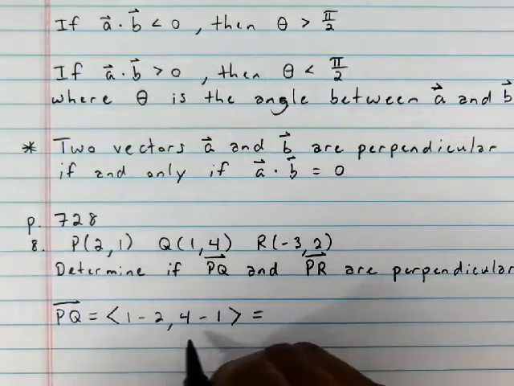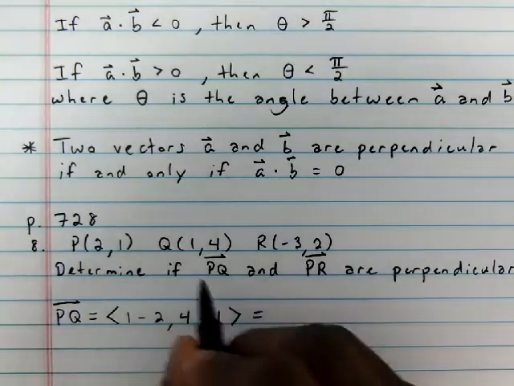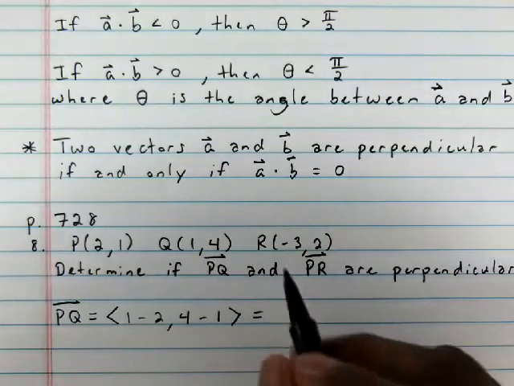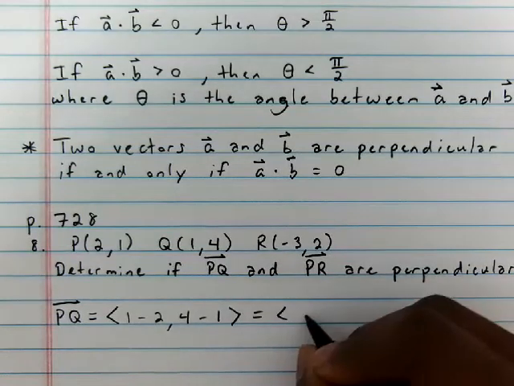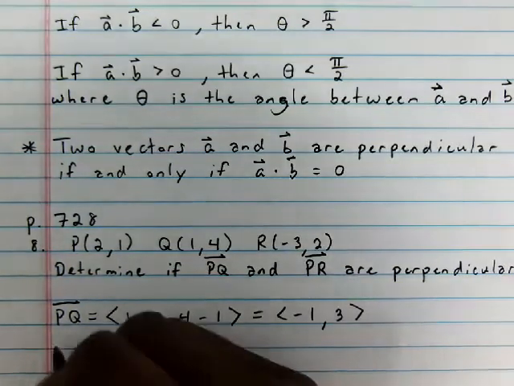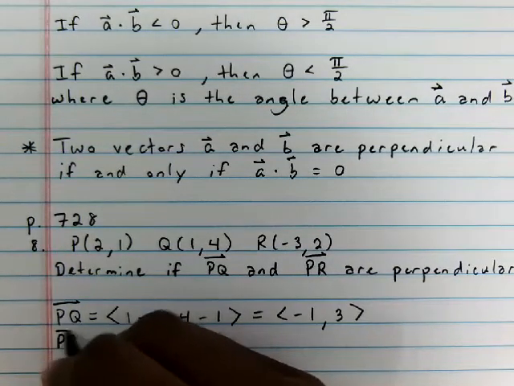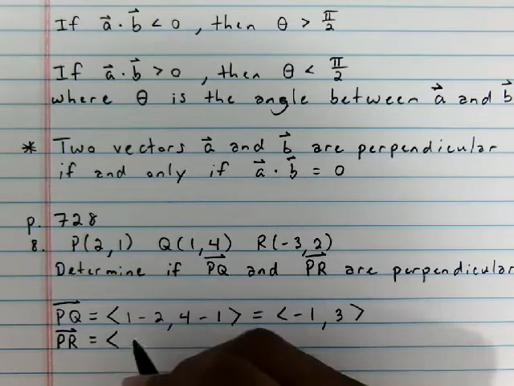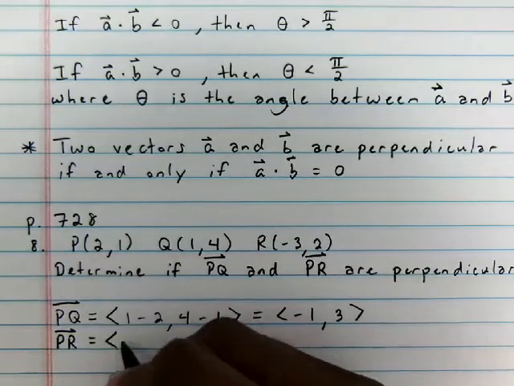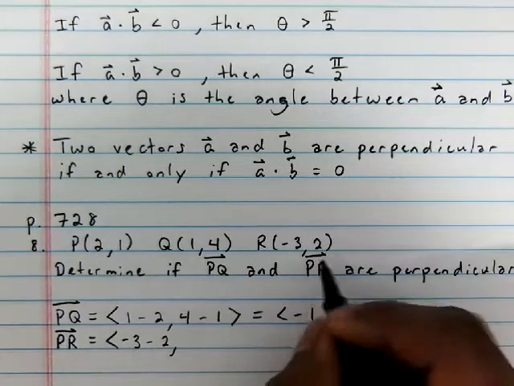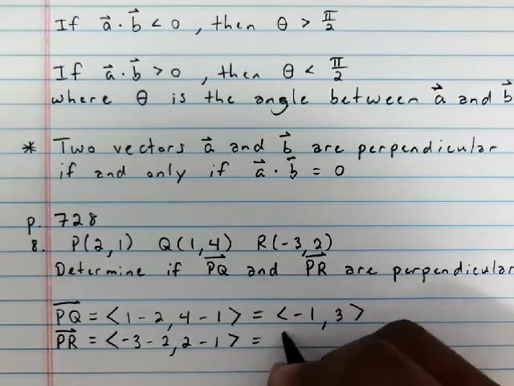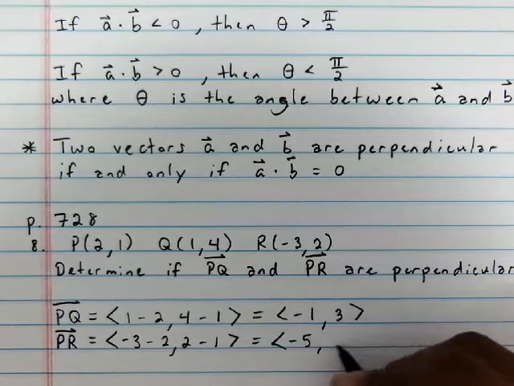These vectors are in 2 dimensions because our points are all in the plane. They don't have a z coordinate, only an x and a y coordinate. So here we get the vector (-1, 3). And then we need to find the vector PR. So to find PR, we're going to do -3 minus 2, comma, 2 minus 1. That gives us (-5, 1).